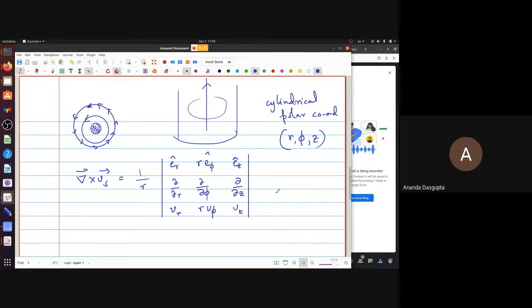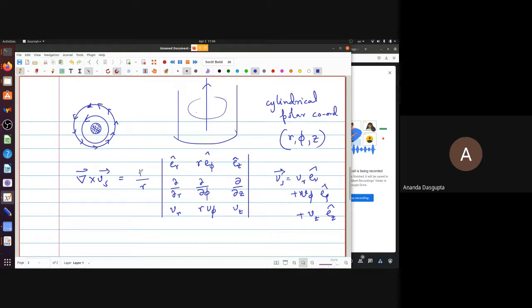So the velocity vector Vs has 3 components, V_R times e_R plus V_phi times e_phi plus V_z times e_z. And this is the formula for the curl in cylindrical polar coordinates.